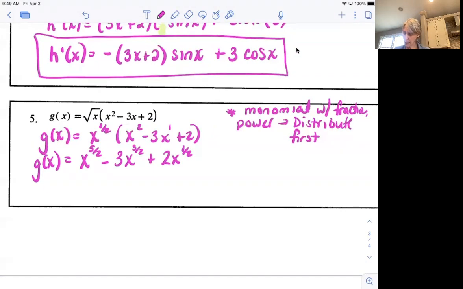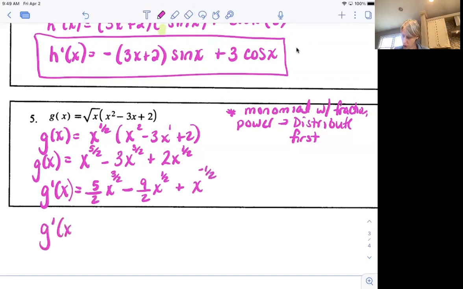Now I can apply my rules. 5/2, x to the 5/2 minus 1, 3/2, 9/2, 3/2 minus 1, 1/2 times 2 is 1, minus 1, minus 1/2.